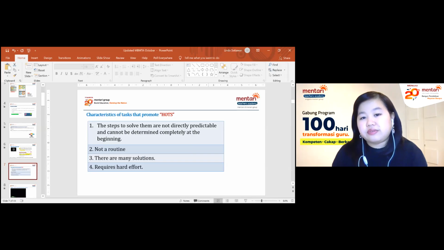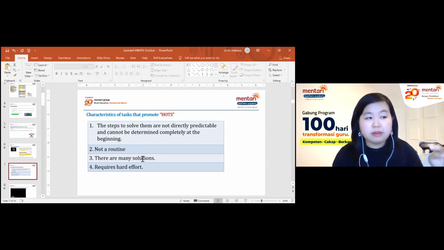The characteristics of tasks that promote HOTS: the steps are not directly predictable and cannot be determined completely. It's not a routine. There are many solutions, or even when there's only one solution, there tends to be multiple ways to approach the problem.